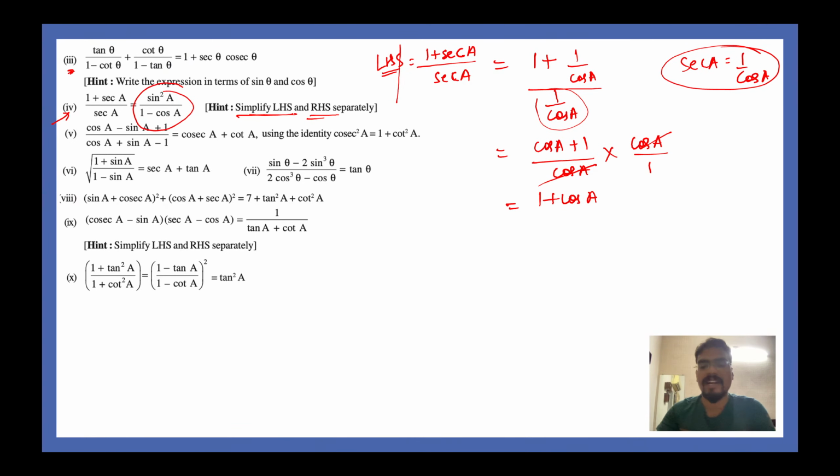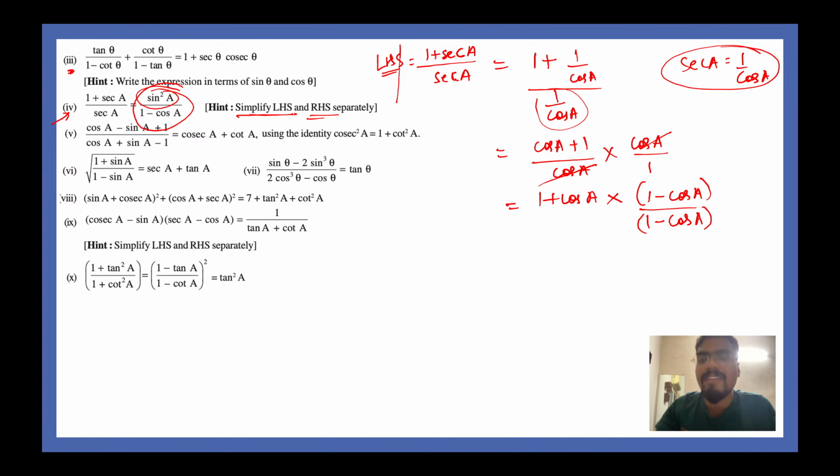So we will not separately solve the RHS and LHS here. We will try to make sin square A in the numerator, and we are just one step away from the final answer. We will multiply the numerator by 1 minus cos A, and also multiply the denominator by 1 minus cos A, the same value.